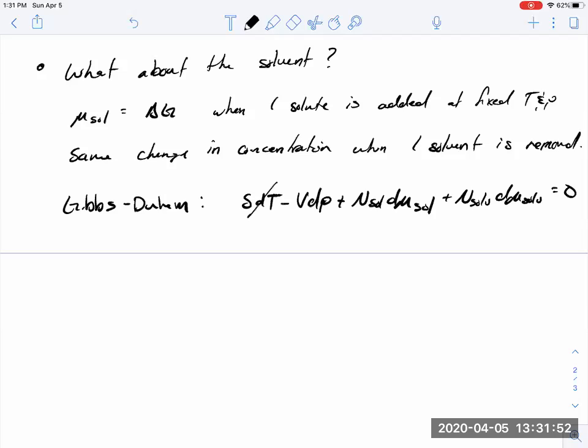At fixed temperature and pressure, those first two terms go away. Rearranging, we find that n solute times d mu solute must be equal to minus n solvent times d mu solvent. So indeed, by changing the chemical potential of the solute, we're necessarily making changes to the chemical potential of the solvent.